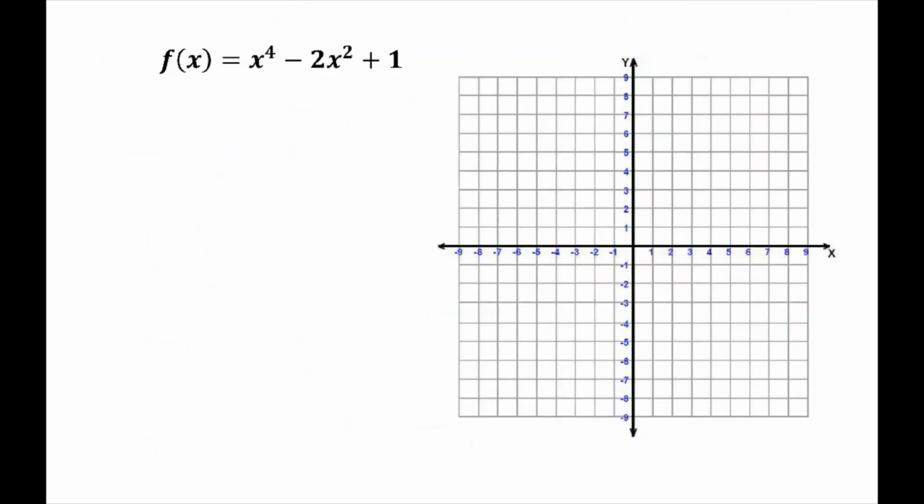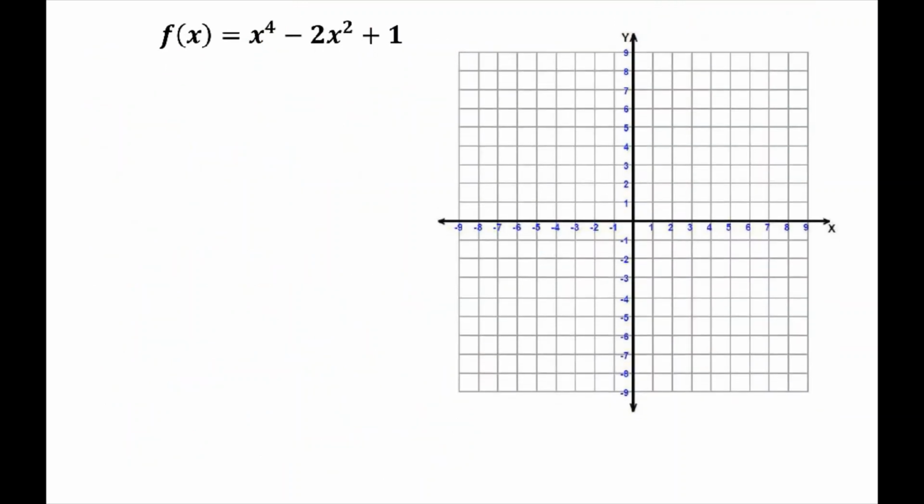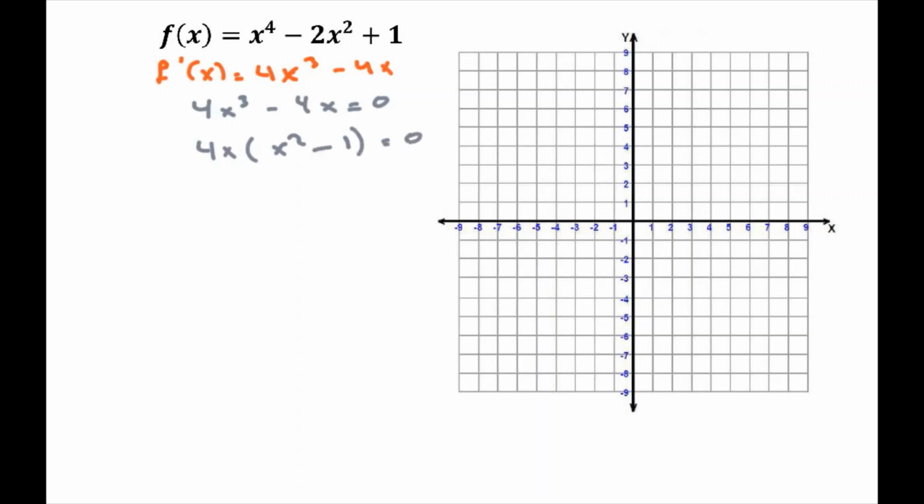Okay, now last question. Let's find the first derivative and make it equal to 0. So it's x equals 0, x squared minus 1 equal to 0.